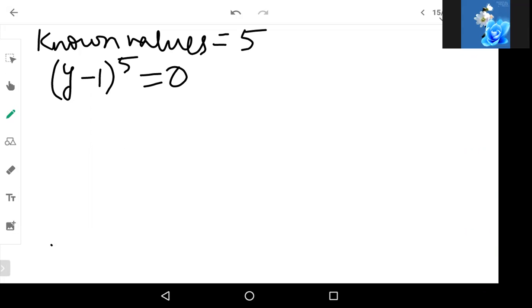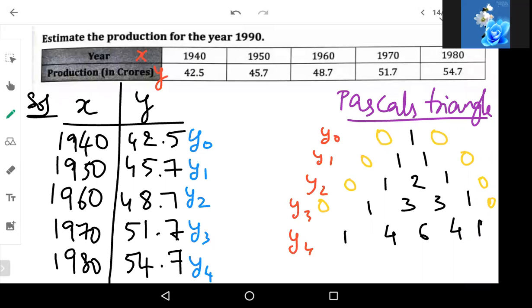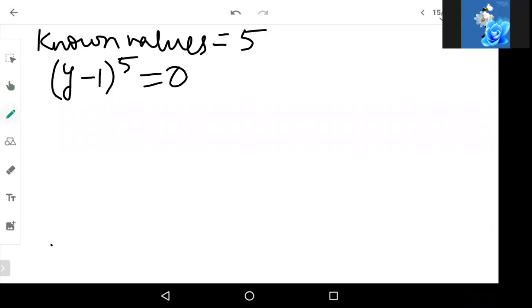So now let us see the coefficients in Pascal's triangle and let us expand it. So what are the coefficients? 1, 4, 6, 4, 1. So you are supposed to have 1, 4, 6, 4, 1. And I told you, from right to left, write down y values. That is y0, y1, y2, y3, y4.